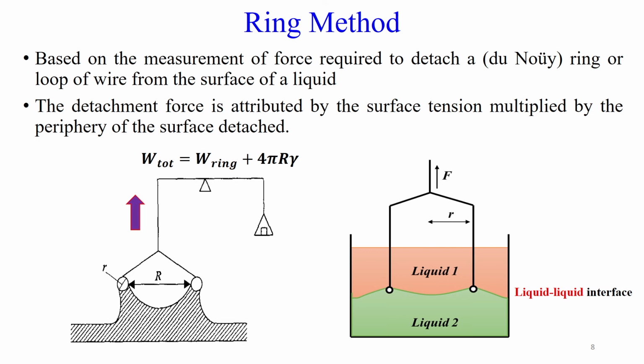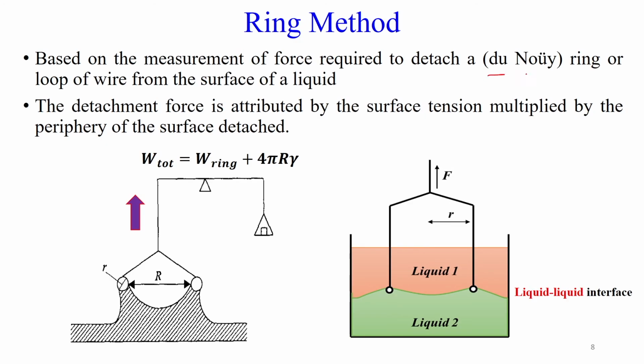So, in this method, there is a liquid surface and we are putting an object, or you can say we are putting a ring. Typically that ring is called the Du Nouy ring.